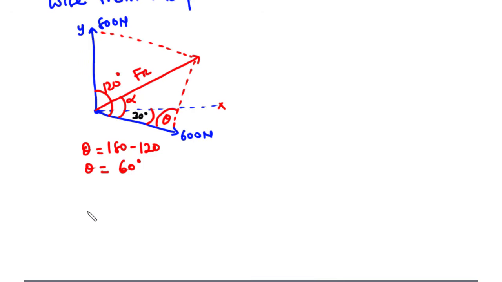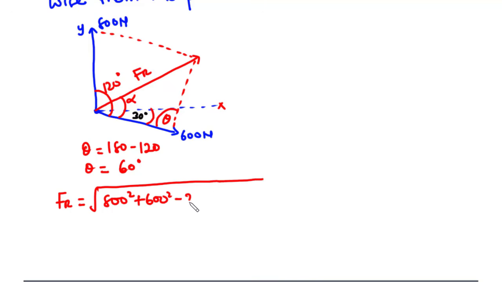So now let's find the resultant force Fr. So the resultant force is equal to the square root of 800 squared plus 600 squared minus 2 into bracket 800 times 600 cosine of 60 degrees.